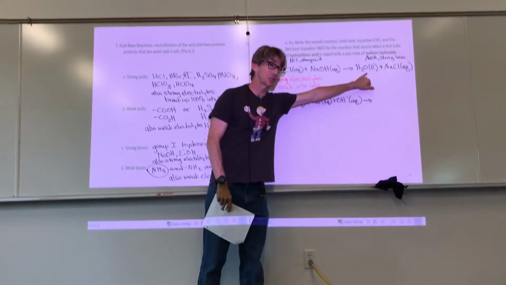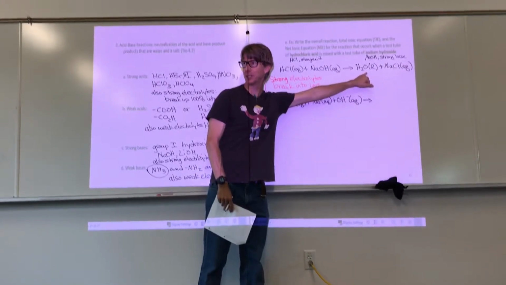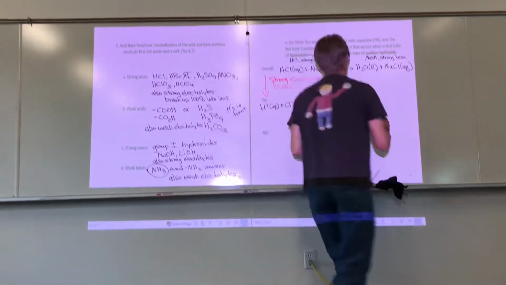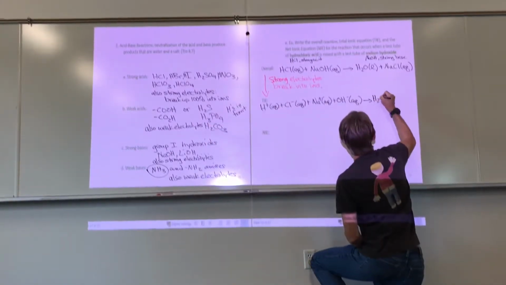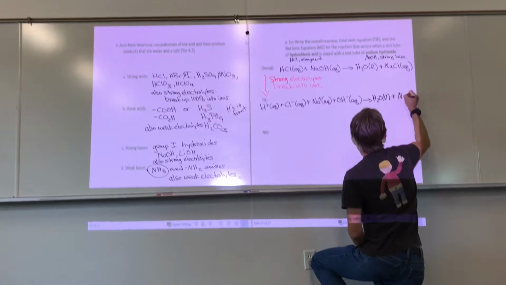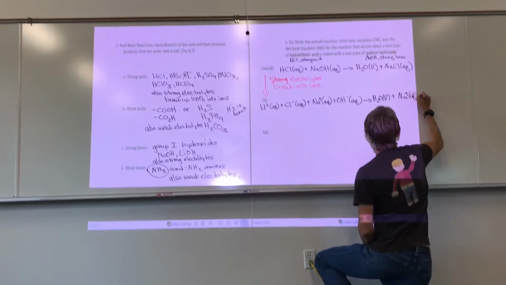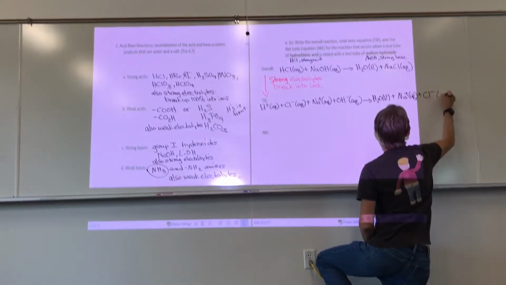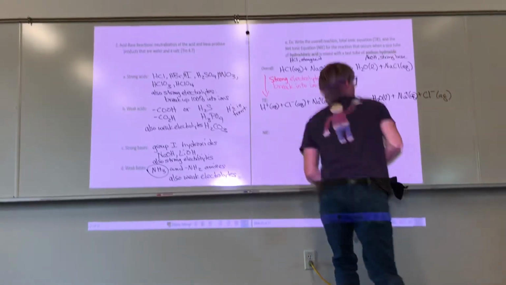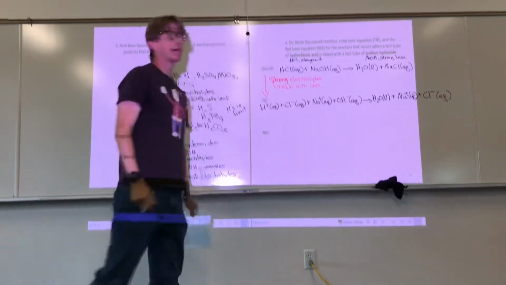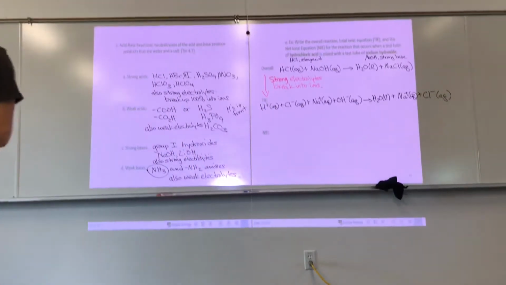Water is not a strong electrolyte. That's a liquid, stays together, and comes down into our TIE as H2O liquid. The sodium plus and the chloride minus do become aqueous.